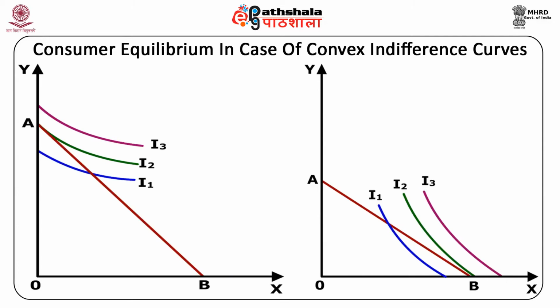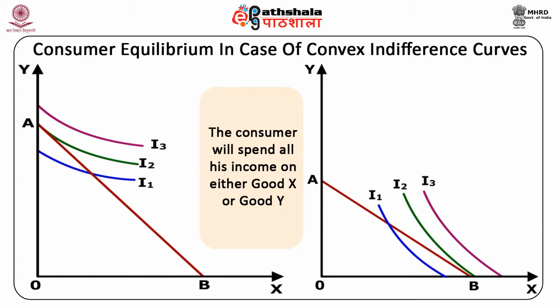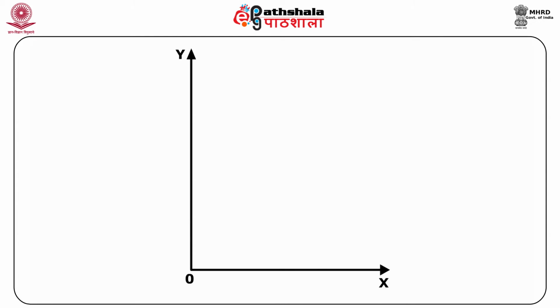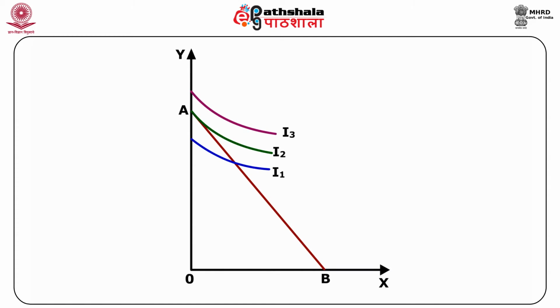In this case, the consumer will spend all his income either only on commodity X or only on commodity Y. In the figure, the budget line AB is steeper than the indifference curve between the two goods so that the MRS XY is less than PX upon PY for all combinations on the budget line AB.